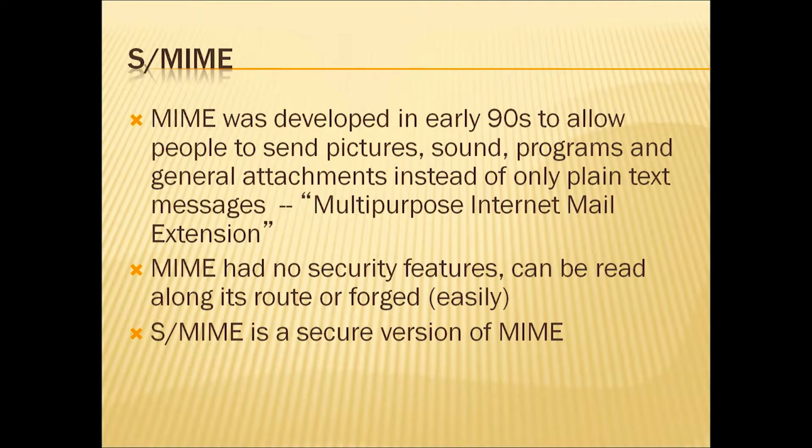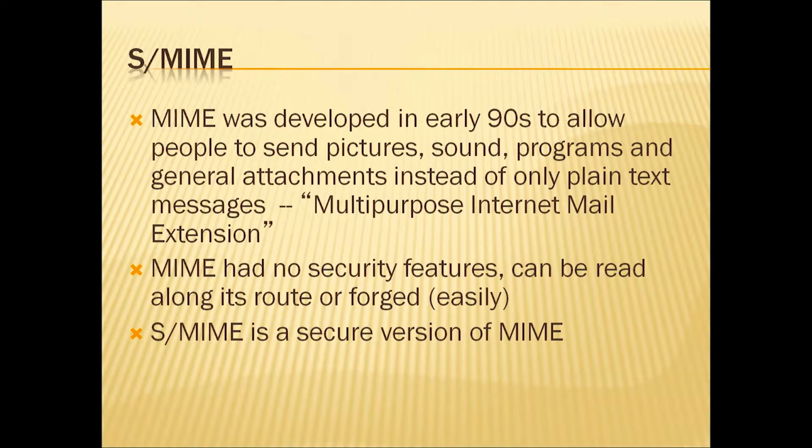So, what is MIME? It is basically Multipurpose Internet Mail Extension. It was developed much earlier, and it allowed people to send pictures, sound, programs or general attachments instead of only plain text messages.